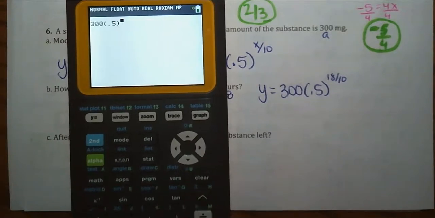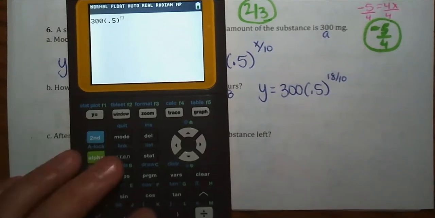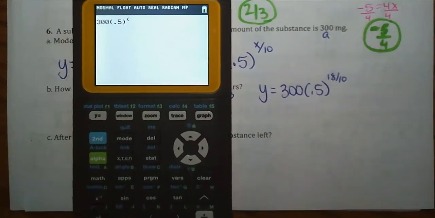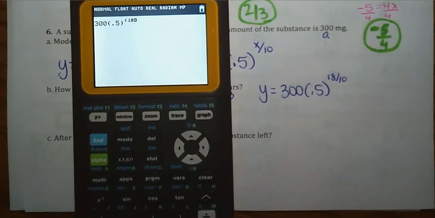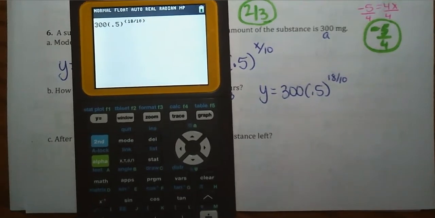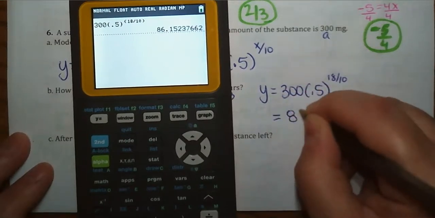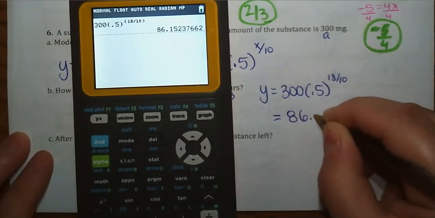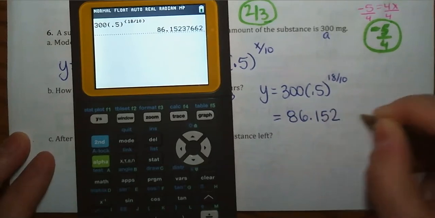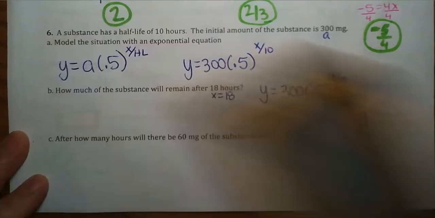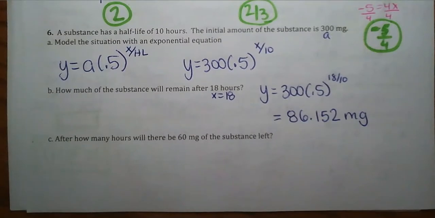Now that exponent, you don't have to simplify it, but if you can't see the exponent on your calculator, I would just put parentheses around that. So I want to do 1/2 to the 18 divided by 10 power. So after 18 hours, we'll have about 86.152 milligrams left. And I don't think it says, but I'm going to round to the nearest thousandth like we have been.